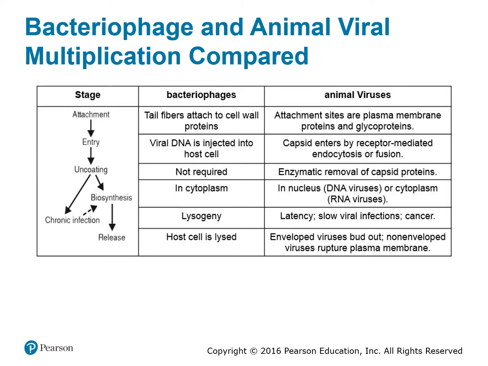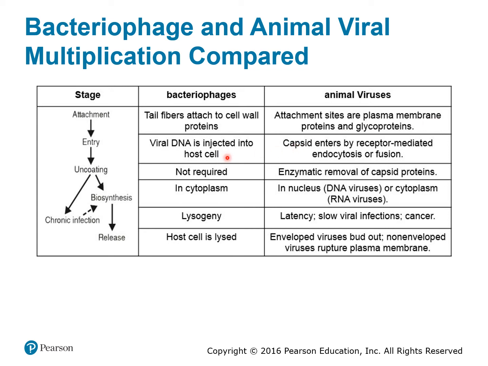So if we do a quick comparison between bacteriophages and animal viruses, bacteriophages, we know that when it comes to the attachment process, they use their tail fibers to stand on the host, and then they inject their DNA. Animal viruses, they don't have tail fibers, so they are still going to attach to specific sites on the plasma membrane of their host, but again, they don't have these tail fibers.